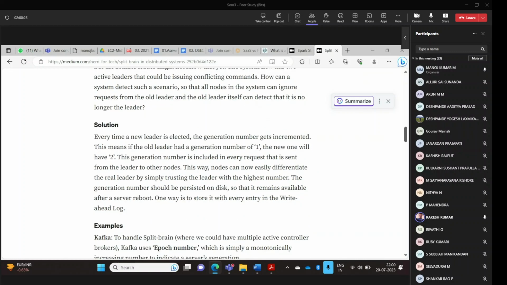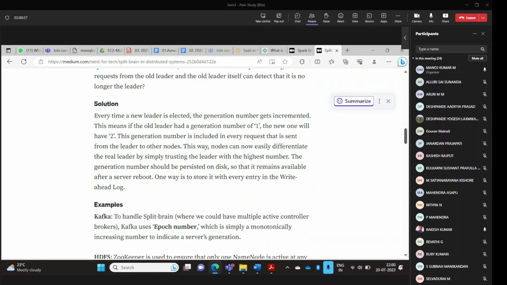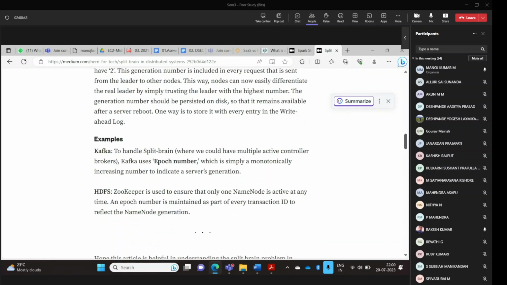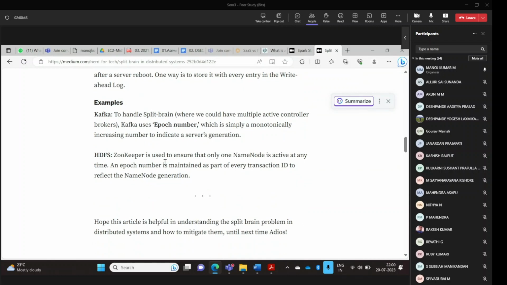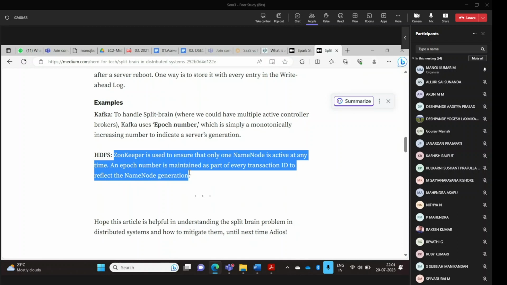And the second thing, as we have Zookeeper for this kind of thing. I think they have mentioned the problem and solution here.